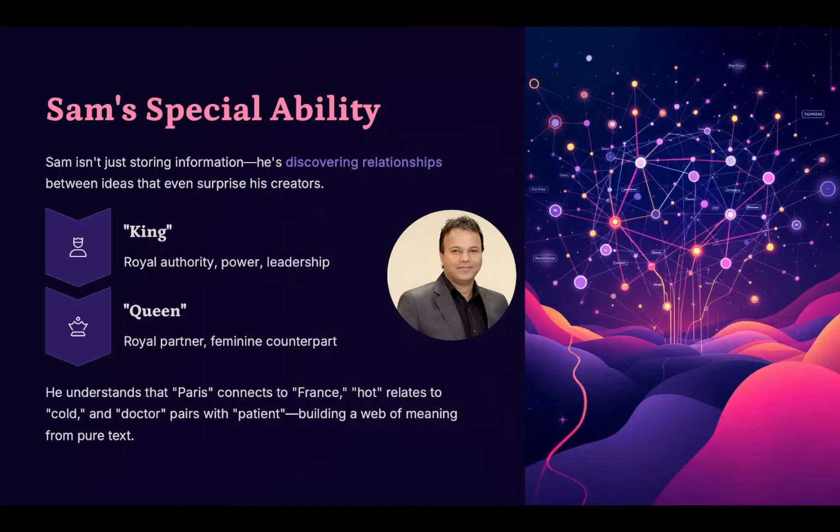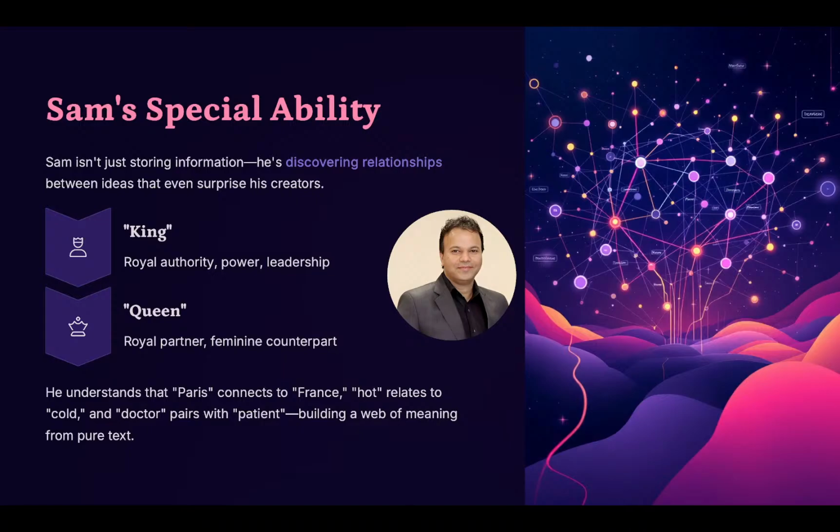When you say king, when you say queen, it says, hey, there is a relationship. Both are royalty, right? Both have power. Both are leadership, right? If you say doctor and patient, it says, okay, now we are talking something common here. The patient meets the doctor, the doctor treats the patient, diseases are involved, medicines are involved, right? So hot, cold, warm, yeah, it's related.